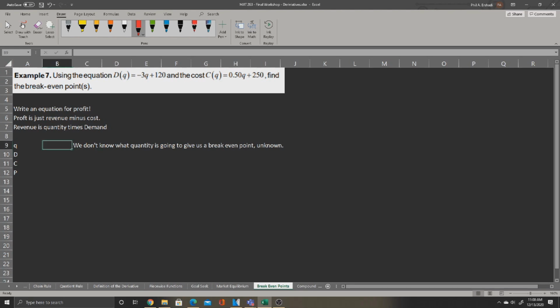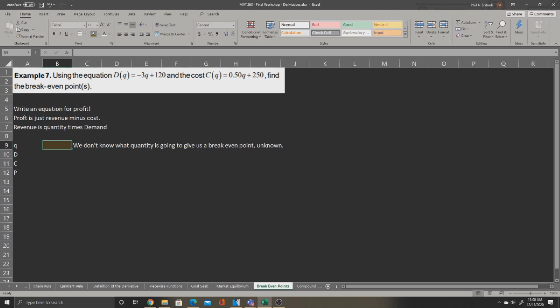But we are going to paint this gold to show that it's unknown. So now our demand, we can enter our demand function. So we'll say equals negative 3 times Q. That's in the gold box, plus 120. For the cost, we can enter the cost function. 0.5 times Q plus 250.